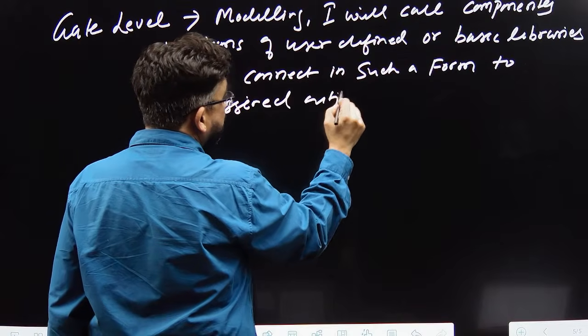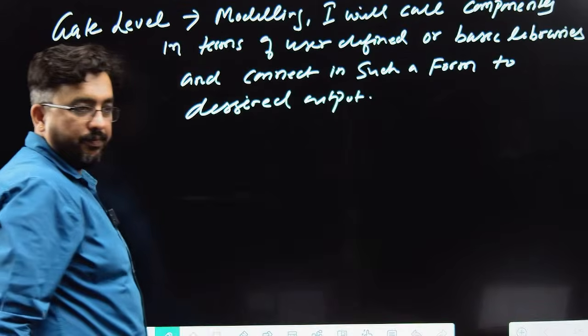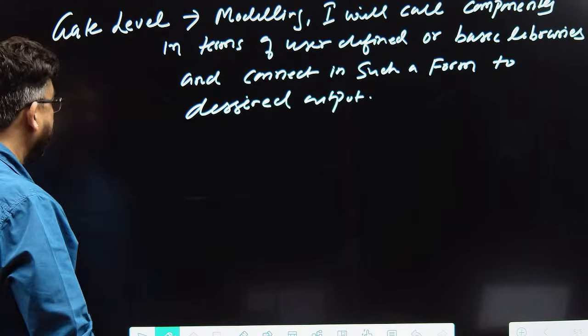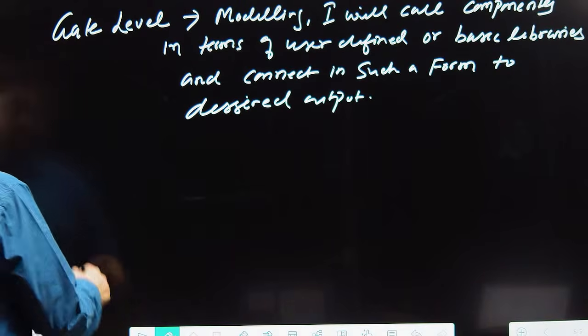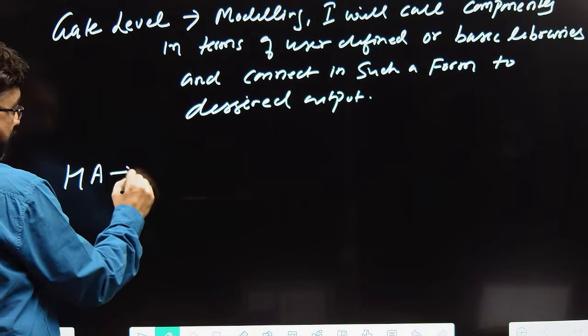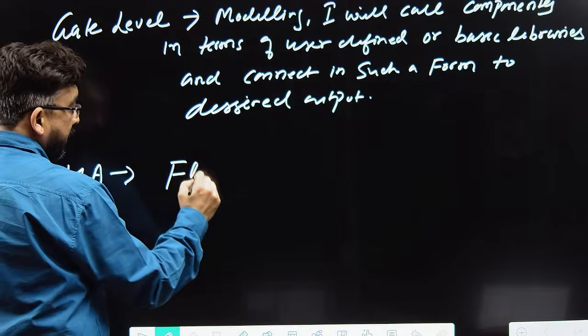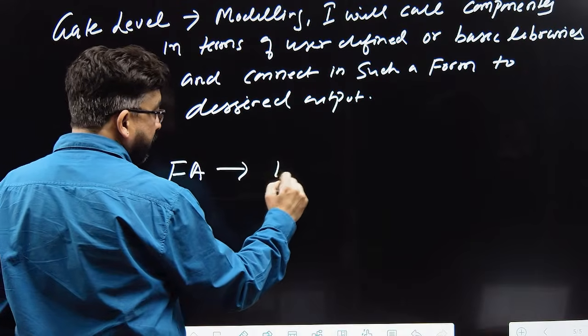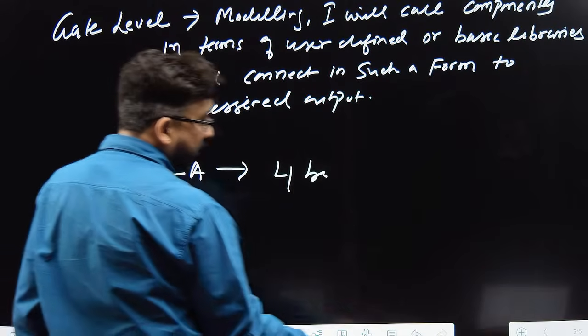For example, I have to make a half adder first. Then with the half adder, I will make a full adder, and with the help of the full adder, I will make a 2-bit full adder.